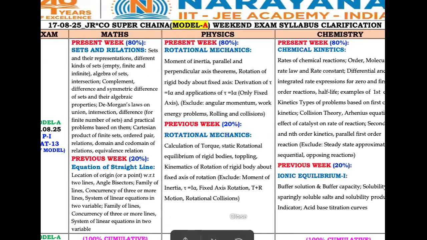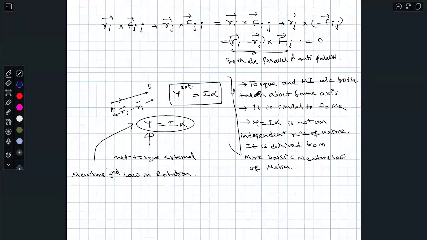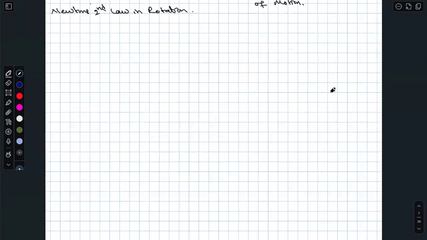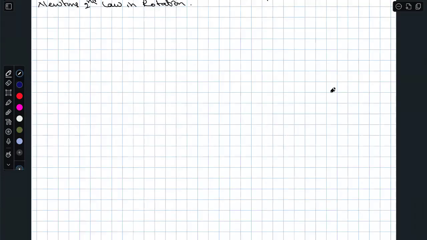So basic theory I have done, but remember the application part is too vast. The application part comprises deriving different moments of inertia and applying torque equations to different structures also. So now I'll go back to moment of inertia terms, or I'll simply apply one very simple application of the torque equation.